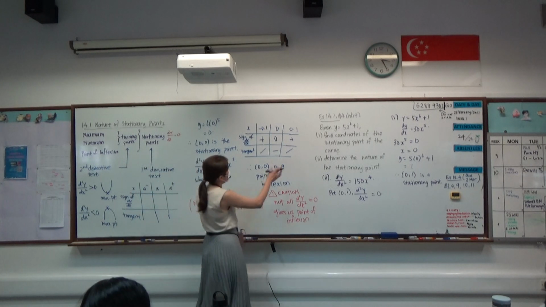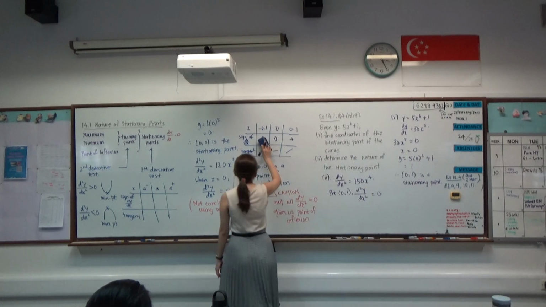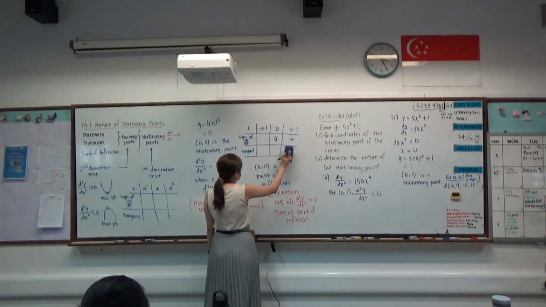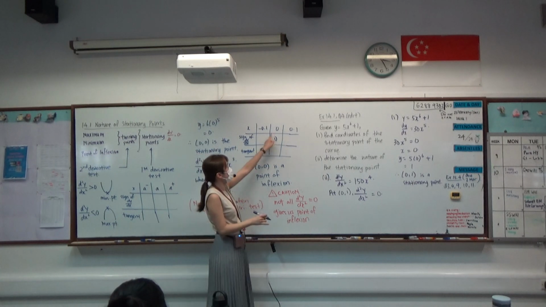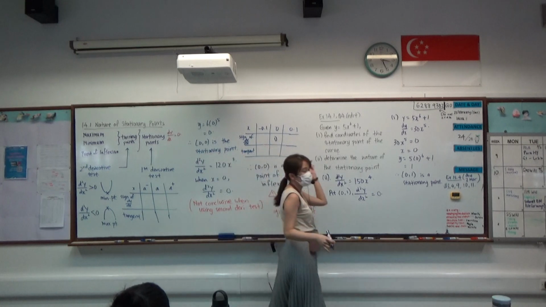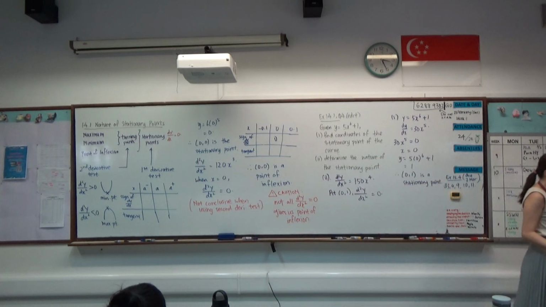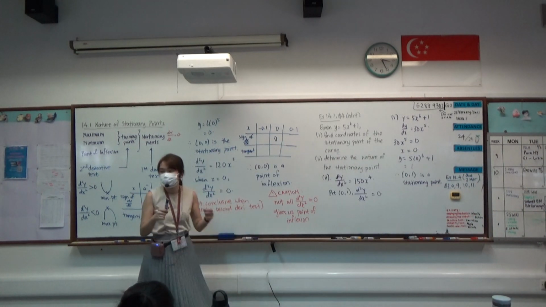Okay, so in this case, coincidentally, it's the same table, so I'll just use this frame here. So we look at 0, negative 0.1, and 0.1. If you substitute in the numbers, what is the sign of the dy over dx that you're going to get? What do you get when it is negative 0.1?